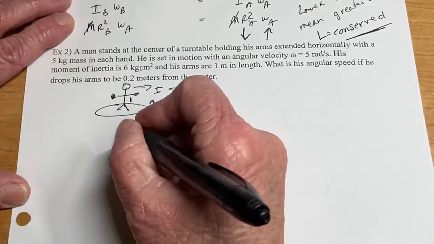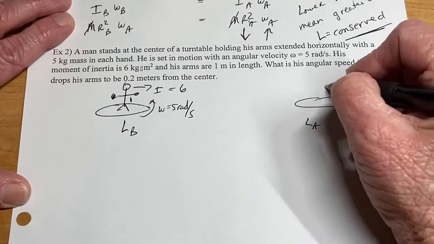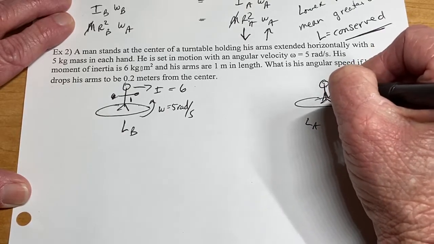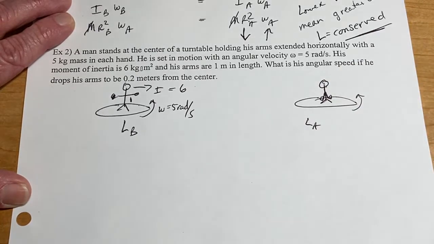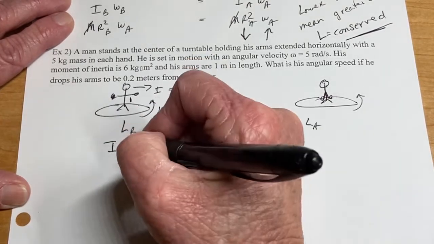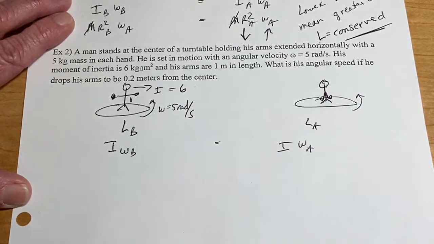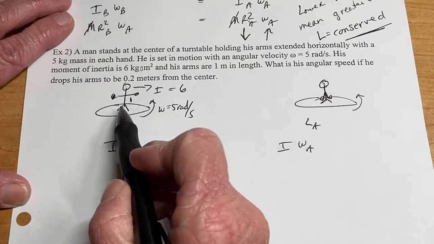Okay, so here's before, let's look at after. So here's my turntable, put the guy here, and now he brings his arms inside. He still has the masses, and he's going to have some kind of change. All right, so we have I omega equals I omega after. So before equals after. But this I is a summation of the guy and the 2 masses.